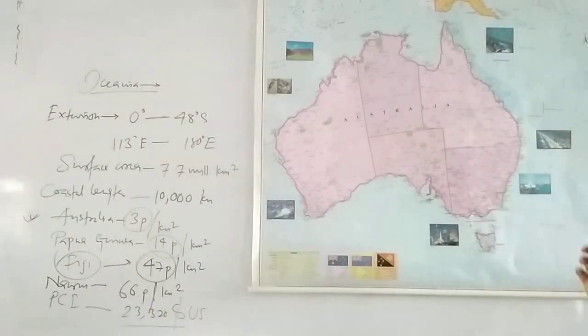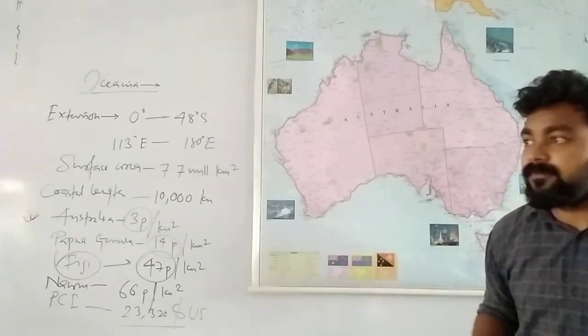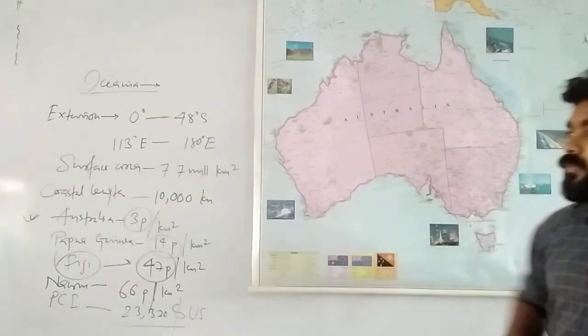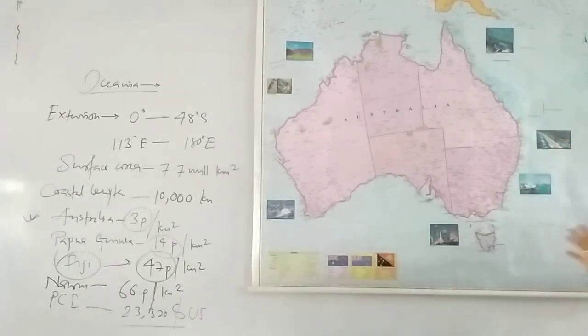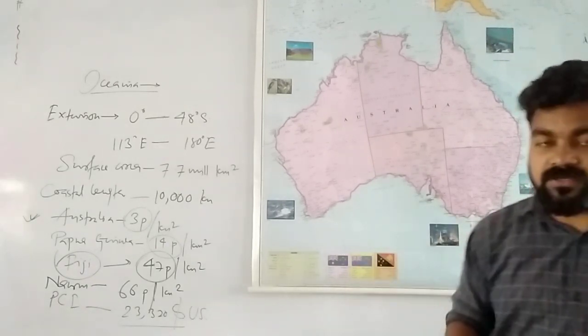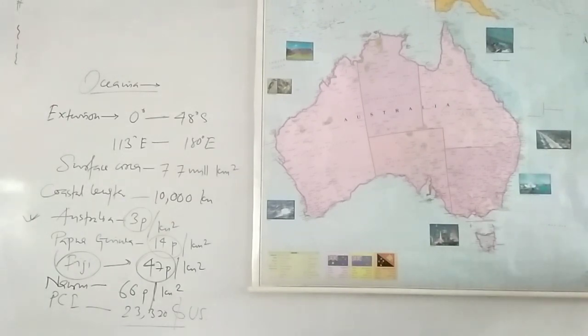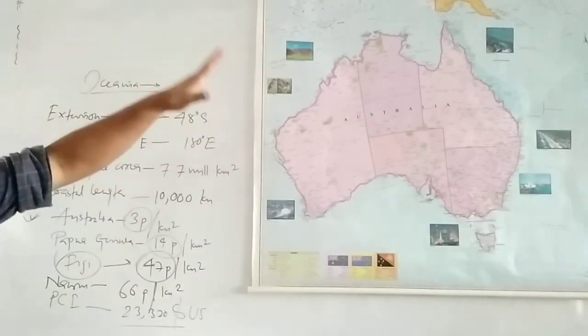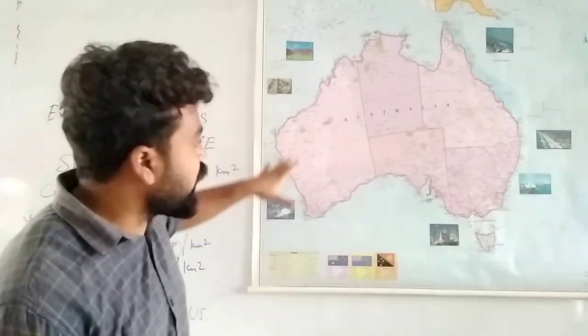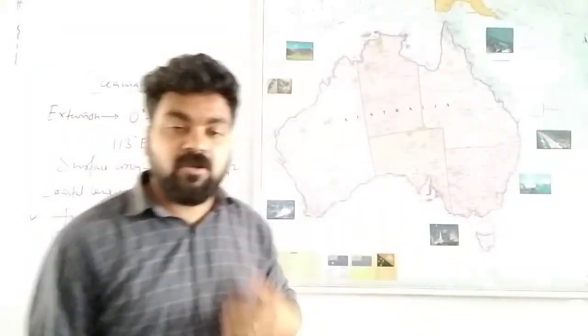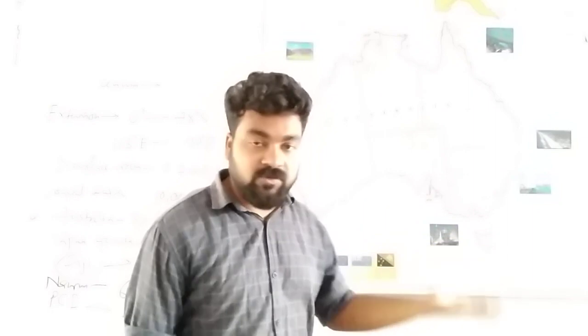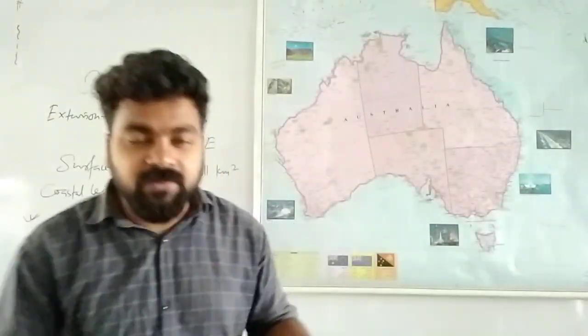Don't think that Polynesia means a large landmass; it means groups of islands along with water bodies. Island countries are also important, but generally we have to discuss Australia and New Zealand, because questions generally come from Australia and New Zealand, not from Kiribati or the Fiji Islands.